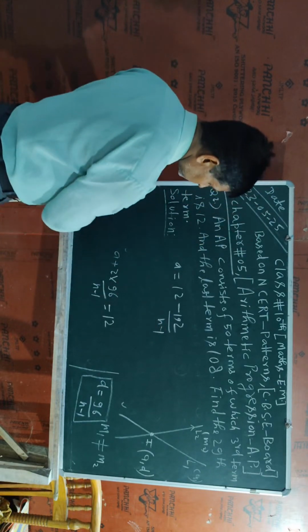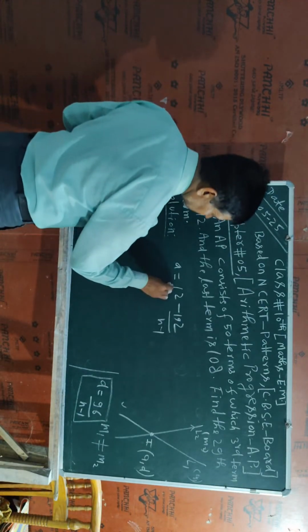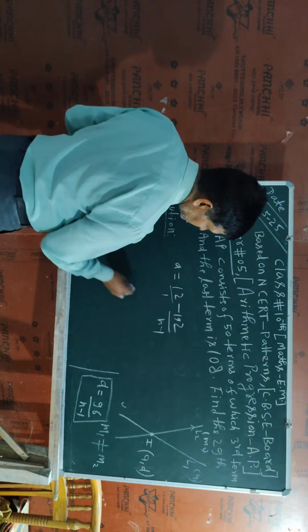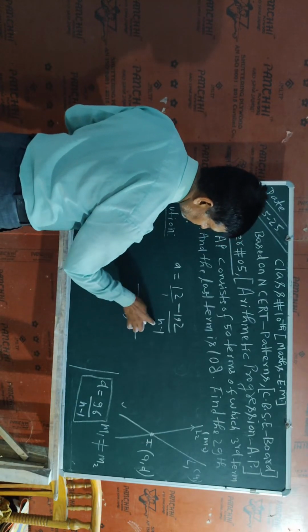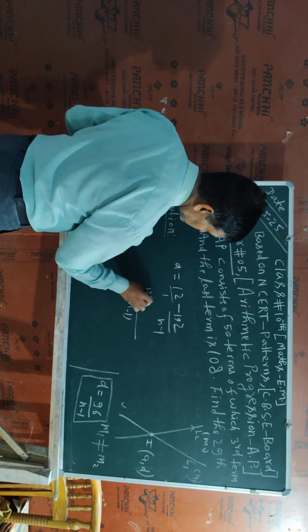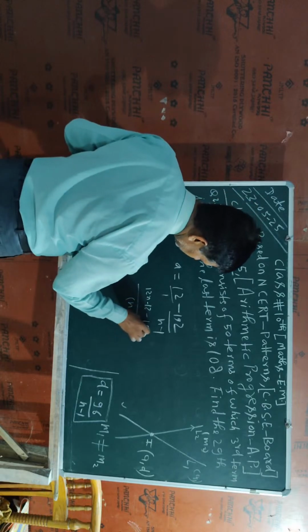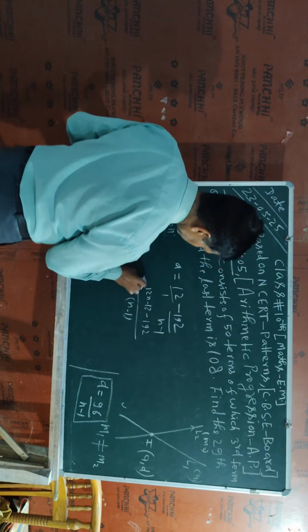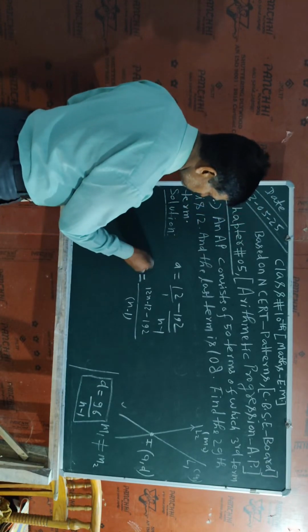Okay student, so further I will also simplify, because I will take its LCM here. So I will say n minus 1 will be the LCM. So I will multiply with this term 12n minus 12 minus 192. So here I will put the equal sign. So a is equal to this one.